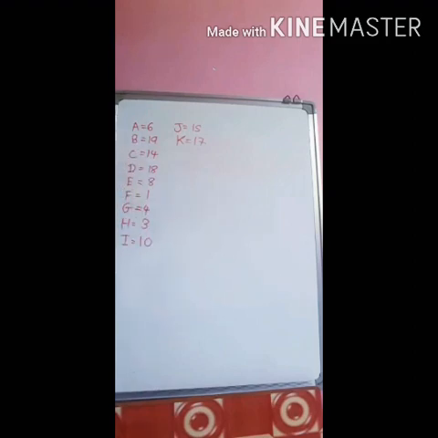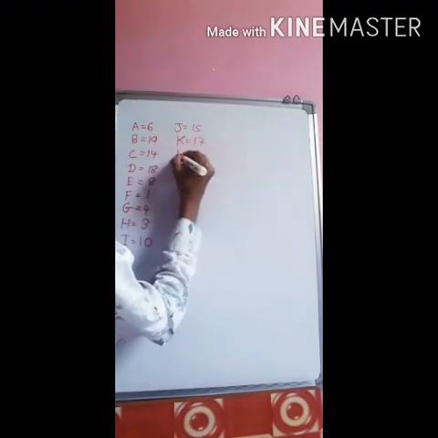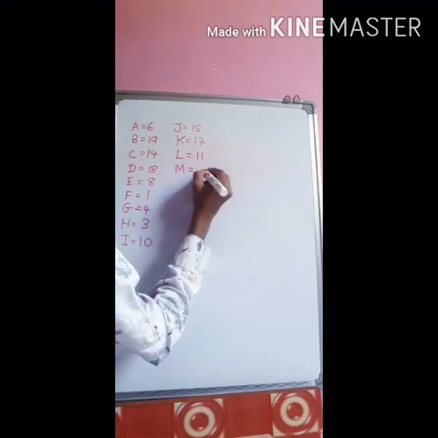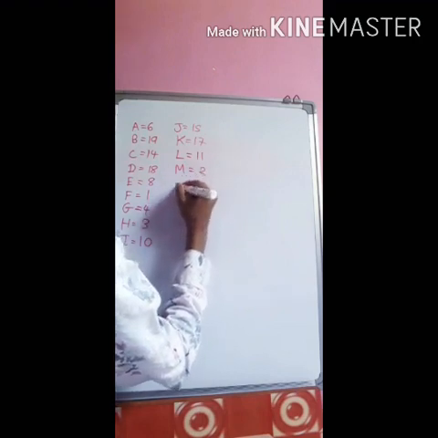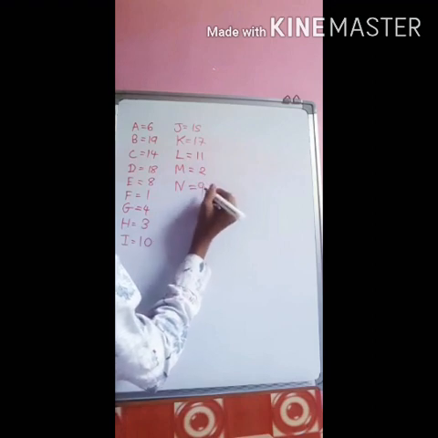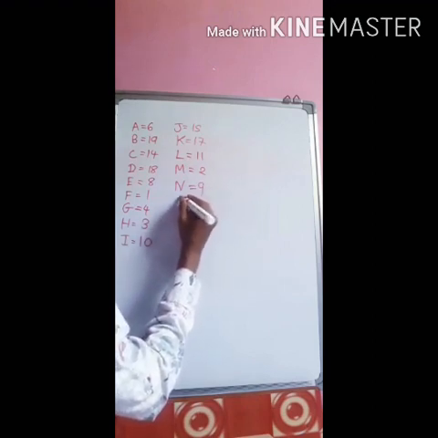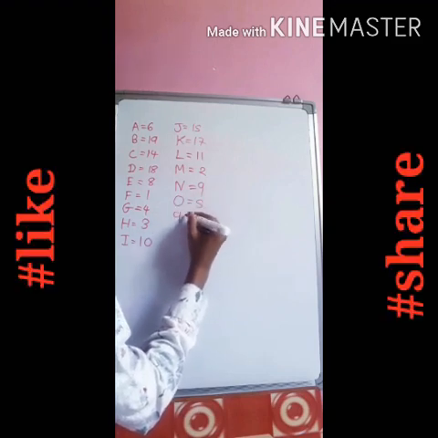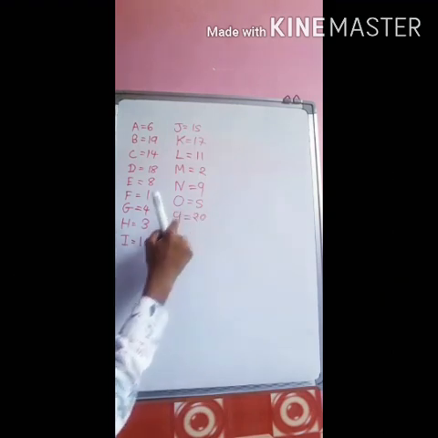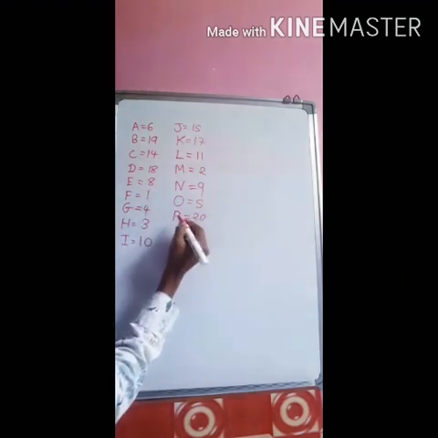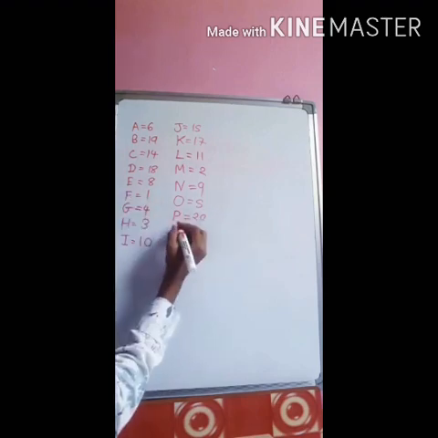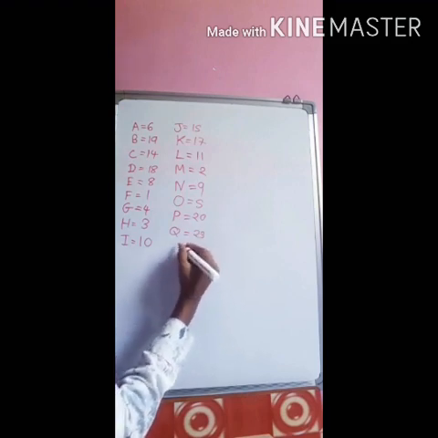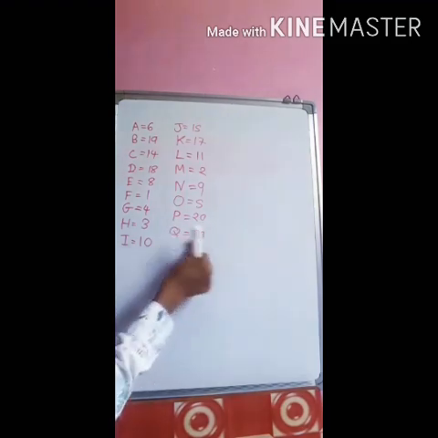Now next I will write after K, L is equal to 11, M is equal to 2, then N is equal to 9, after that O is equal to 5, after that P is equal to 20, sorry, not 9, it's P. P is equal to 20. Next Q is equal to 23.